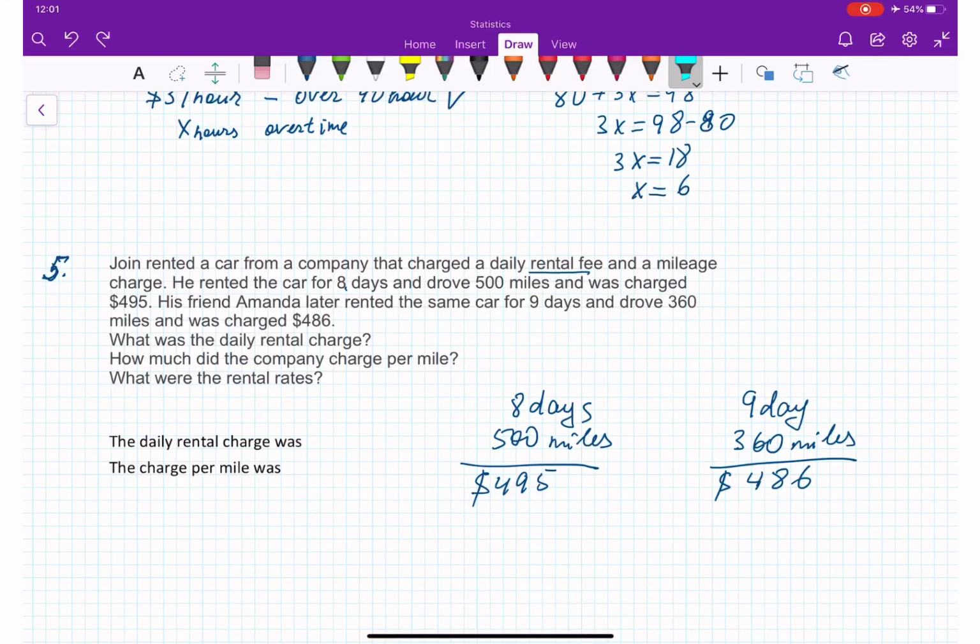Since there are two questions, each question has to have its own variable, so we will have two variables. What was the daily rental charge? It's going to be X dollars. And how much did the company charge per mile?